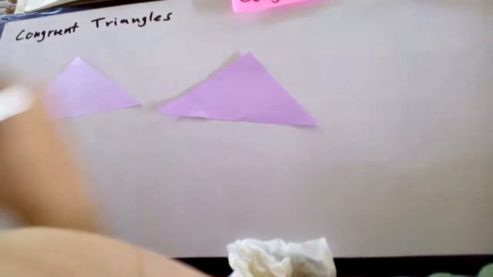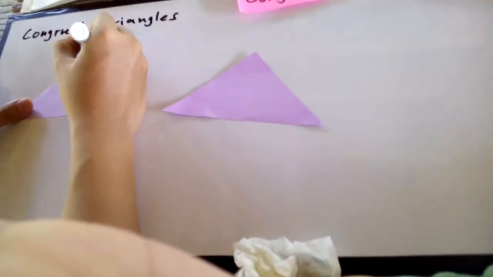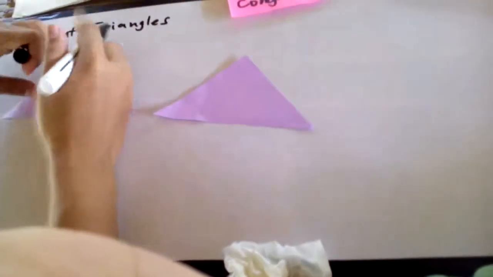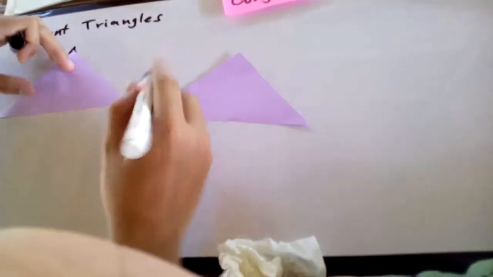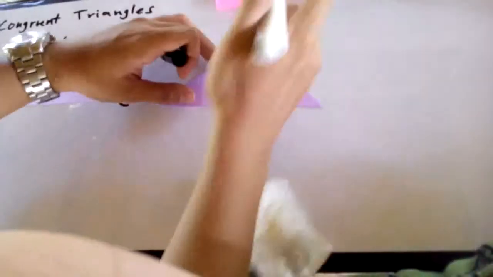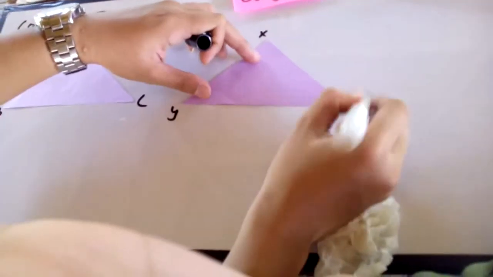So, for example, I have here two triangles. Let us name the first triangle ABC, and the second one triangle XYZ.